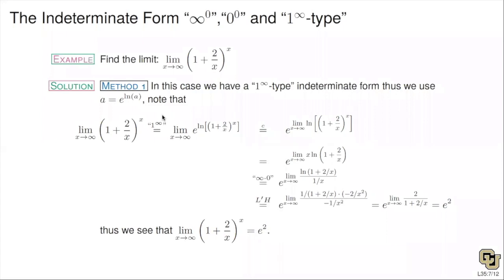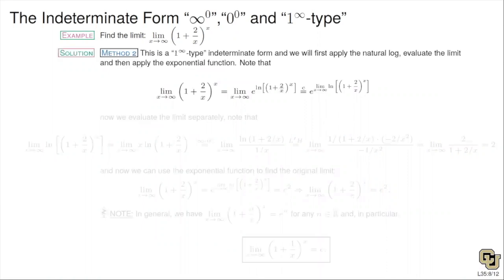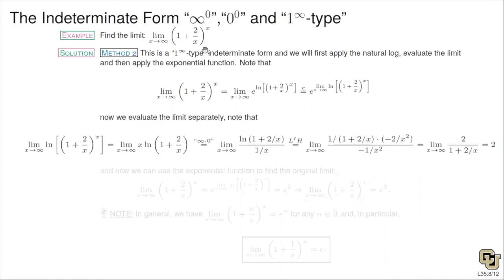Because there are so many steps for this type of problem, where you have infinity to the 0, 0 to the 0, or 1 to the infinity, there is sometimes just a style difference. It's still the same strategy, same limit problem, but some folks like to break it up into 2 steps, where they take the natural log first. So here, I'm first going to take the natural log of the original problem.